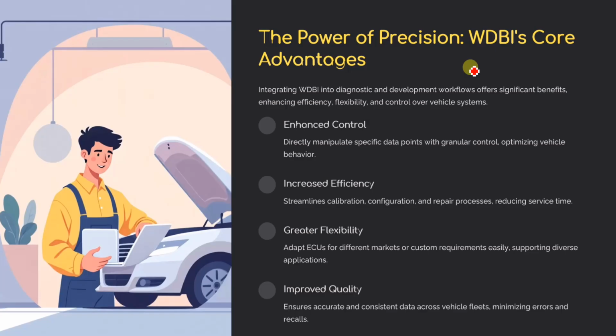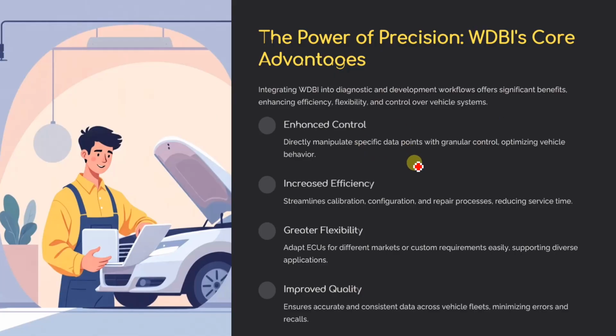Okay, so next, the power of precision, WDBI's core advantage. So far we saw the benefits and the functionalities we can do from service 2E. Some advantages: enhanced control, directly manipulating specific data points with granular control, optimizing vehicle behavior. We are updating data in a particular memory location, so it is very precise.